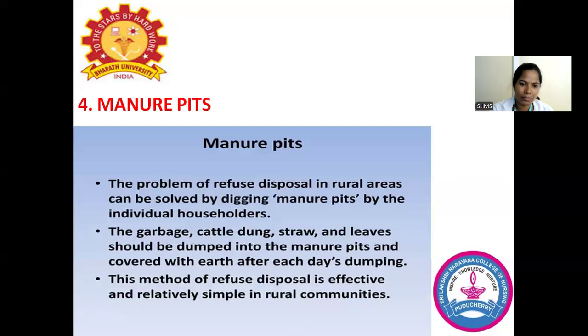Next is the manure pit. The problem of refuse disposal in rural areas can be solved by digging a manure pit by the individual householders. The garbage, cattle dung, straw and leaves should be dumped into the manure pit and covered with earth after each day's dumping. This method of refuse disposal is effective and relatively simple in a rural community.